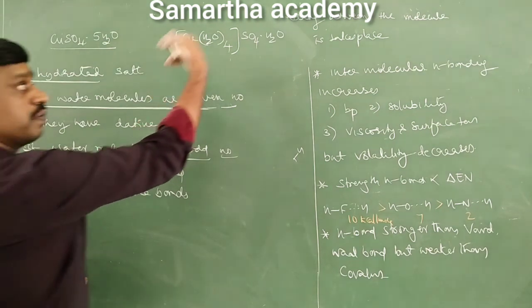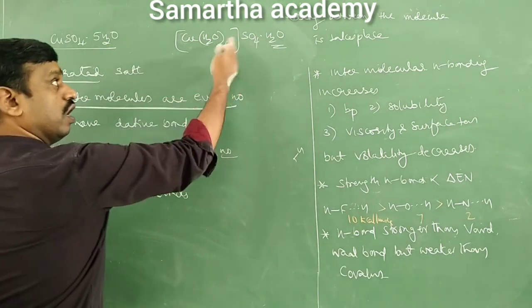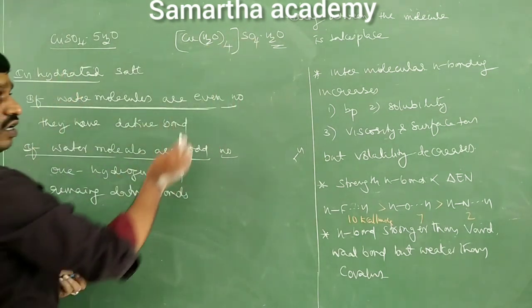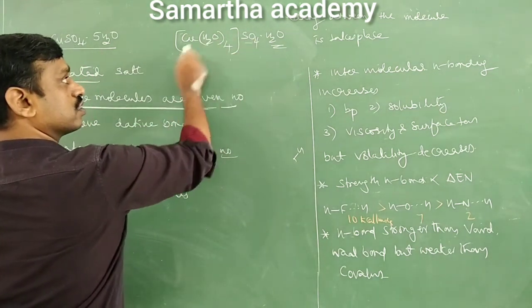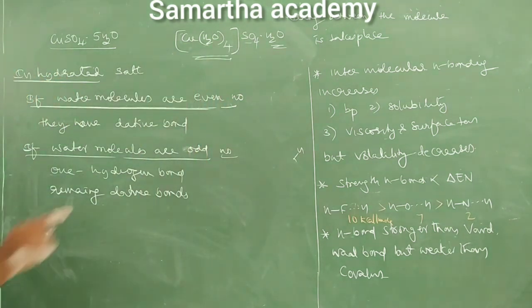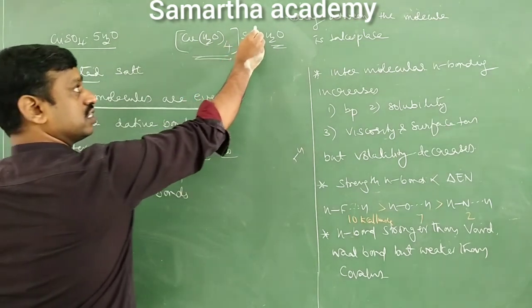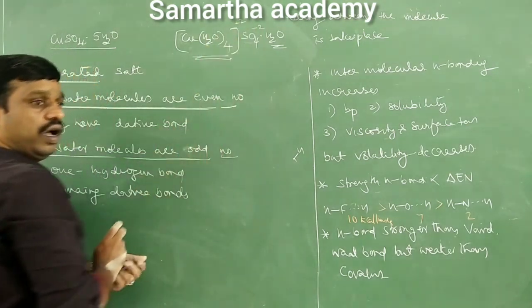Next, outside the coordination sphere, there is one water molecule. This is what? Hydrogen bond. And the bond between sulfate and this complex ion is ionic bond. That means copper sulfate has ionic bond between cation and anion.